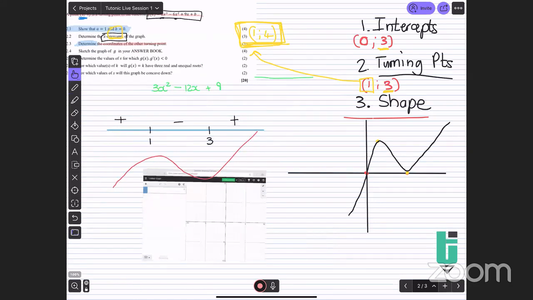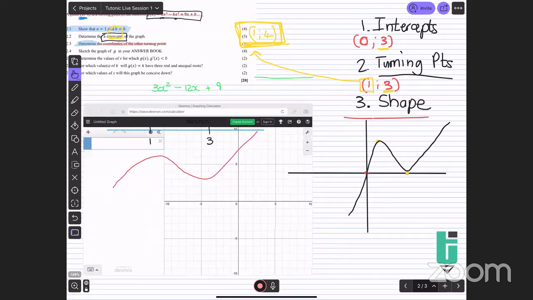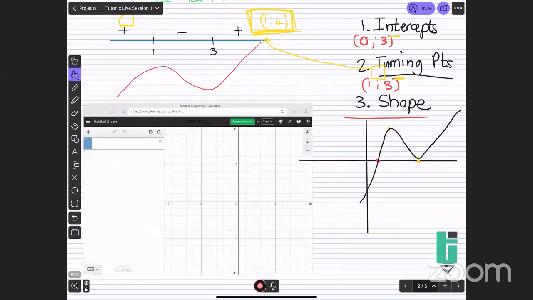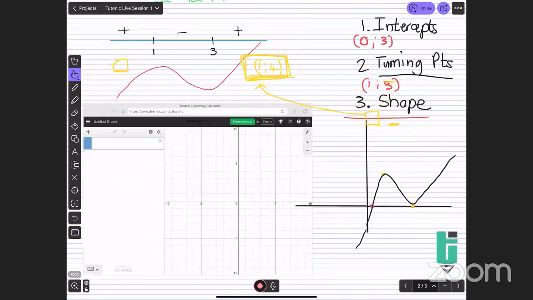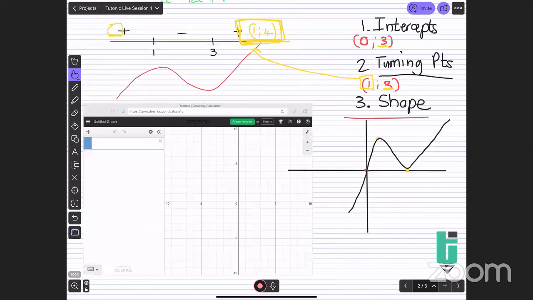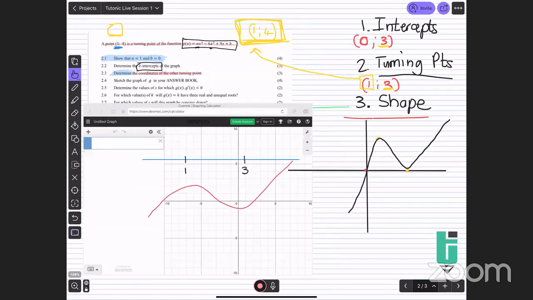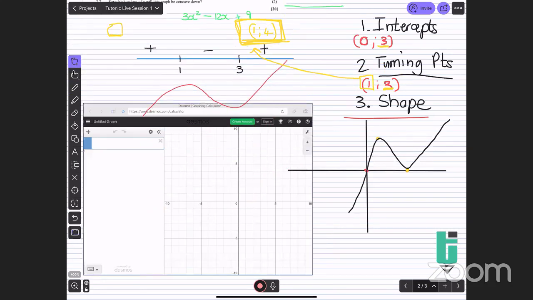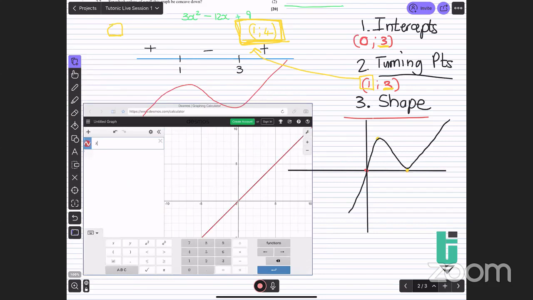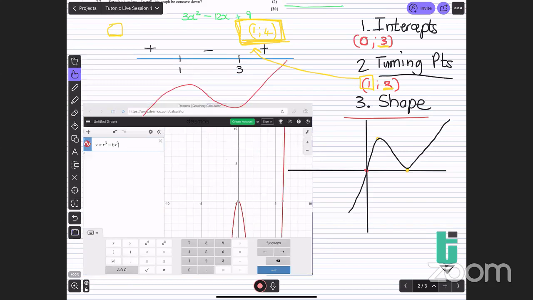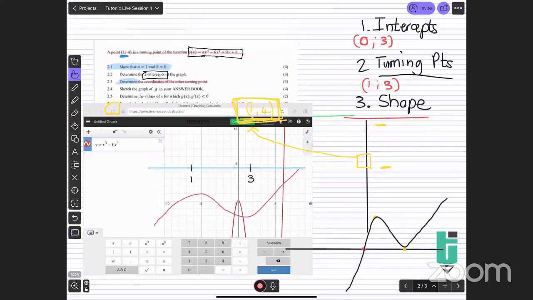And then just to prove it to all of you, this is a really nice website called Desmos. So the equation is y equals x cubed minus 6x squared plus 9x.